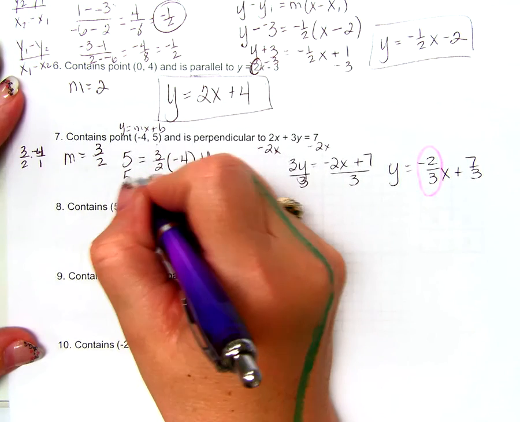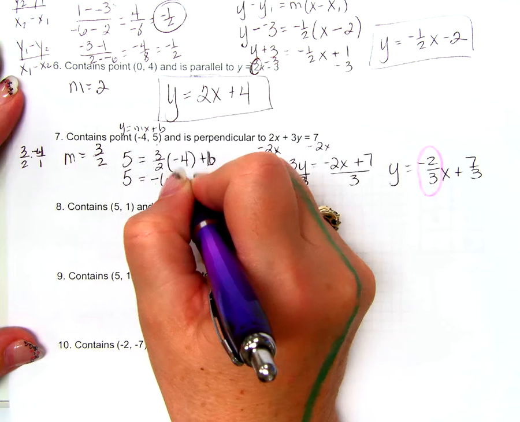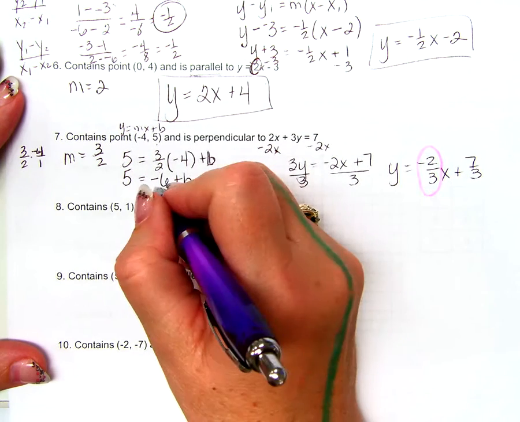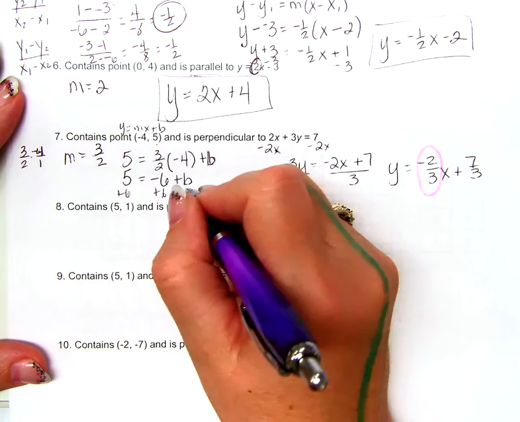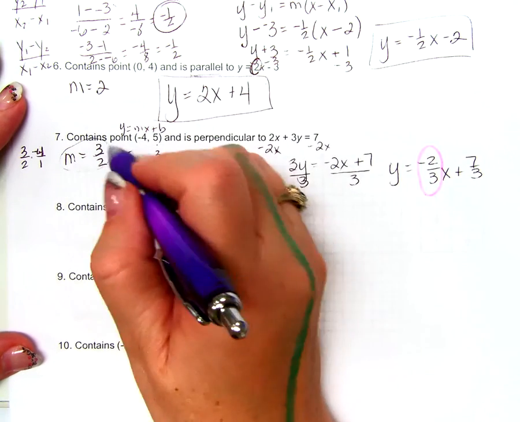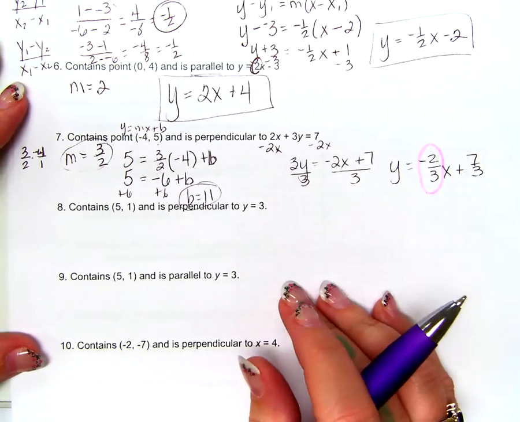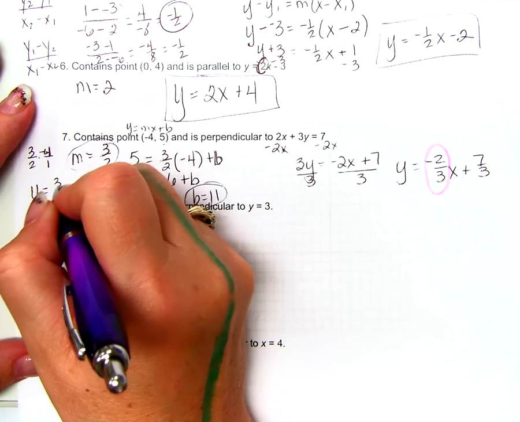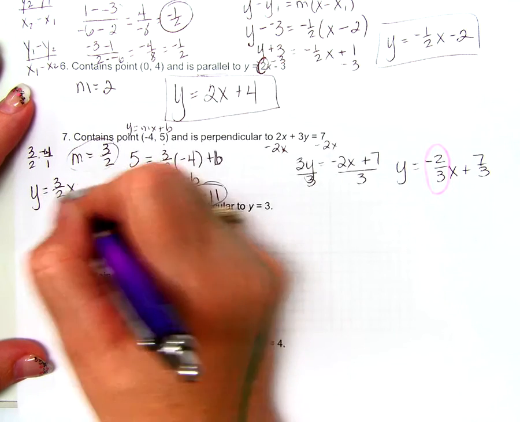So I have 5 equals negative 6 plus b. How do I solve for b? Add 6. What's b? 11. So if my slope is right here and my intercept is here, is that enough to write the equation of the line? Yeah. y equals 3/2 x plus 11.